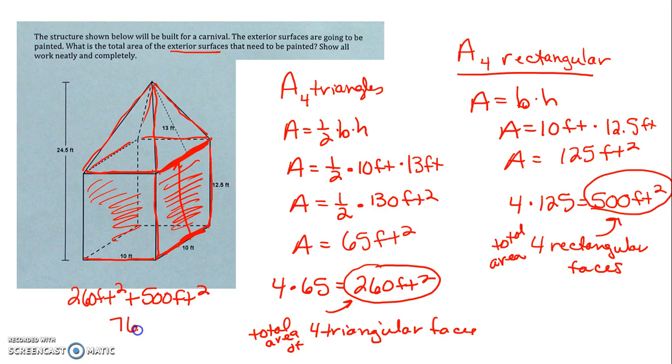And so 760 square feet is what you'd need. So then you'd go to the store, you'd say, how many square feet can a gallon cover? If a gallon covers 200 square feet, I have no clue. You'd figure out how many gallons of paint you'd need to buy. You'd need to buy 4 because you need a number that's greater than 760 square feet.